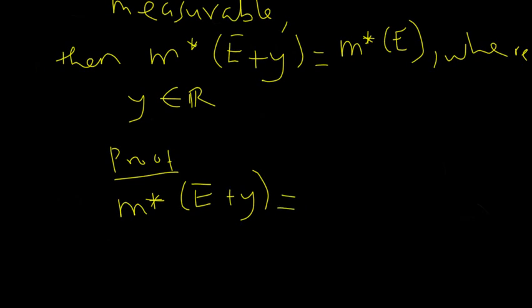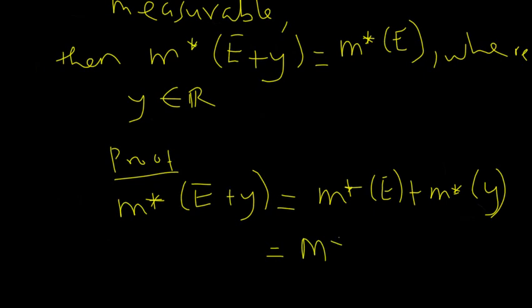It's a linear operator. So we have the outer measure of E plus the outer measure of Y. And we know that the outer measure of E, we don't know its actual value. It could be 0 or not, so we still keep it as M star of E.